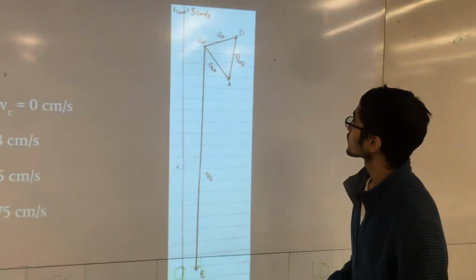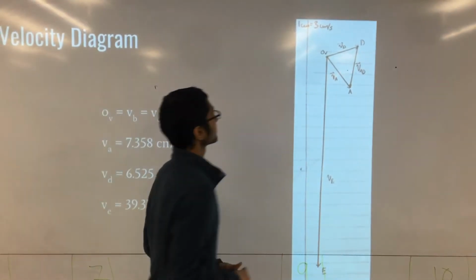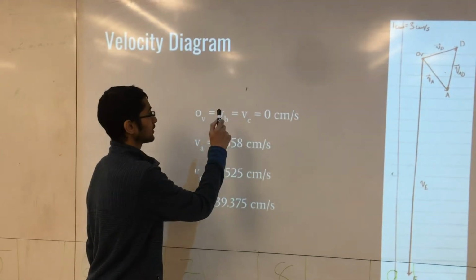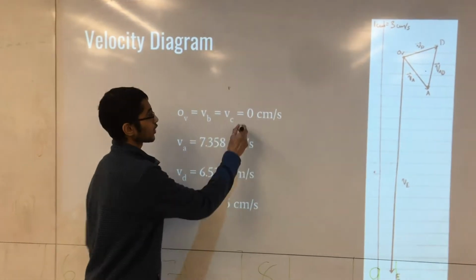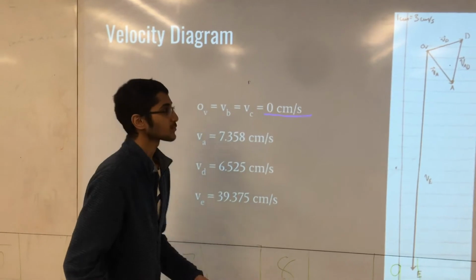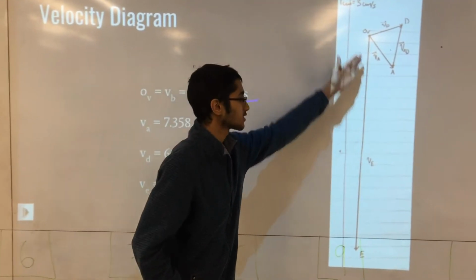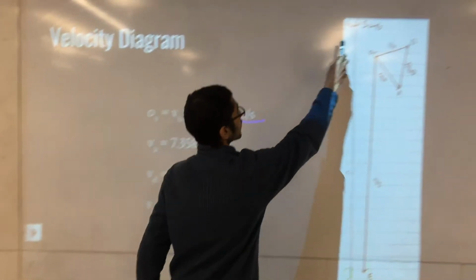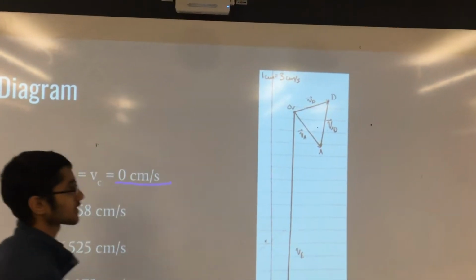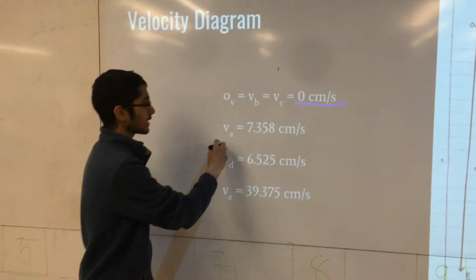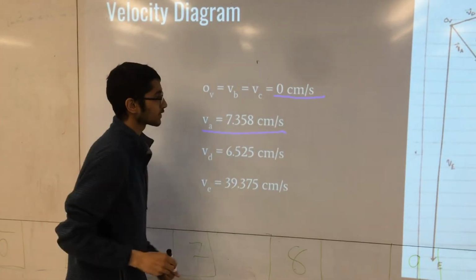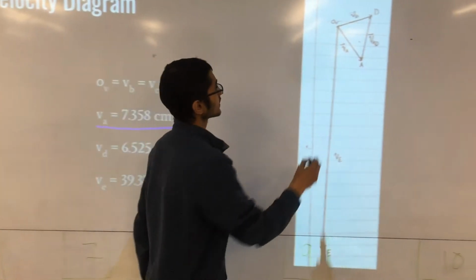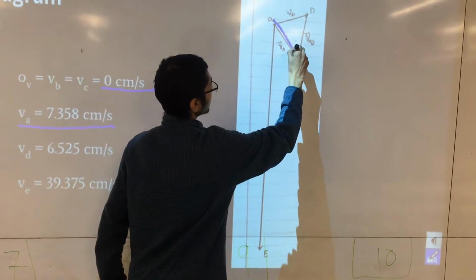Point O, V_B, V_C are all 0 centimeters per second. Remember that this is in centimeters per second, the scale up here shown: 1 centimeter equals 3 centimeters per second. V_A is 7.358 centimeters per second, and it's this line right here.